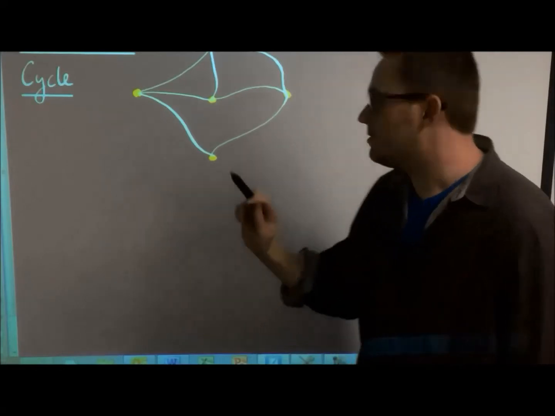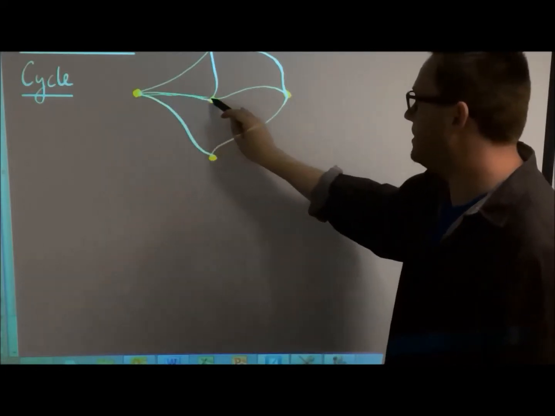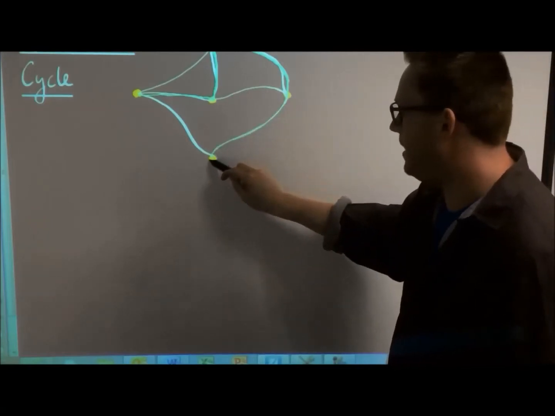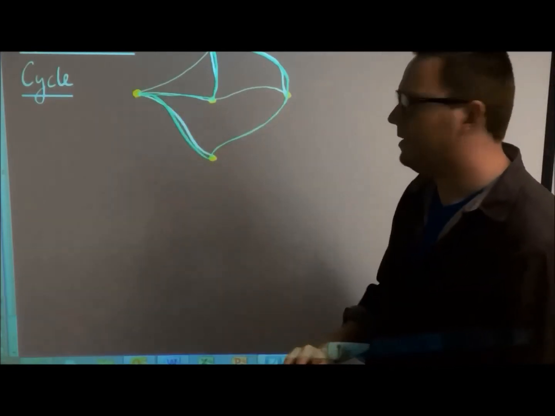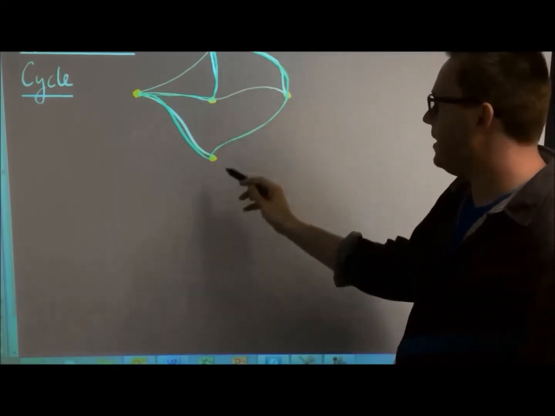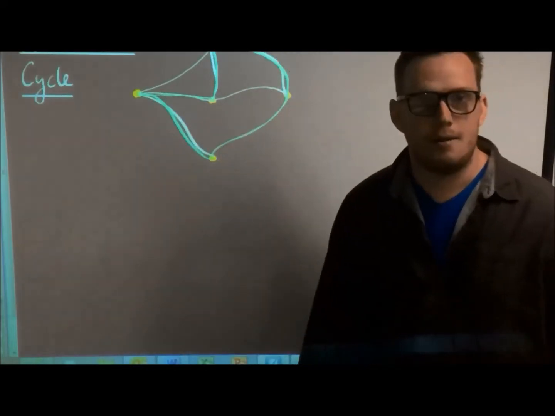But I could try and do it if I started here, went to this node, then up here, then round, then down here, and then finish back where I started. And that there is a Hamiltonian cycle. I visited every node and got back to where I started.